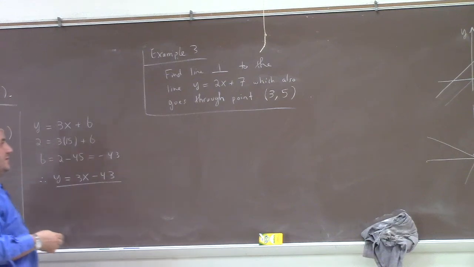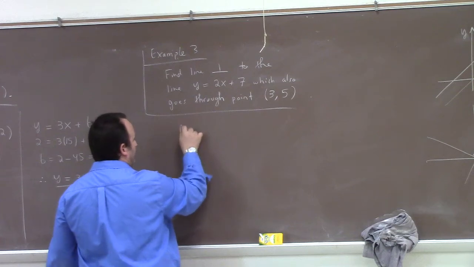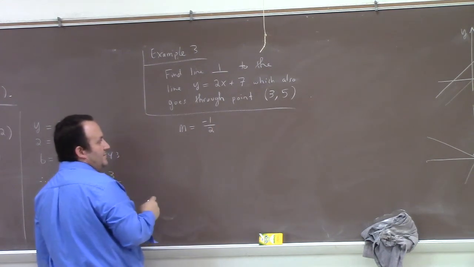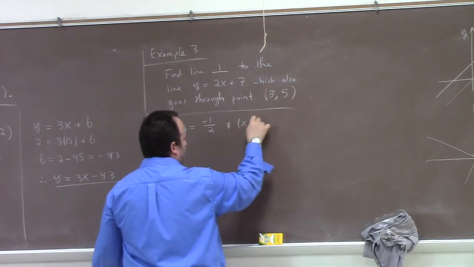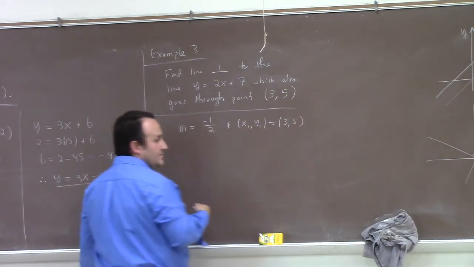All right, so if we want the line which is perpendicular to y equals 2x plus 7, what slope do we want for the line we're looking for? Perpendicular. Negative 1 over 2. Right, so we want m is minus 1 over 2. And we can use x1, y1 equal to 3 comma 5, right?